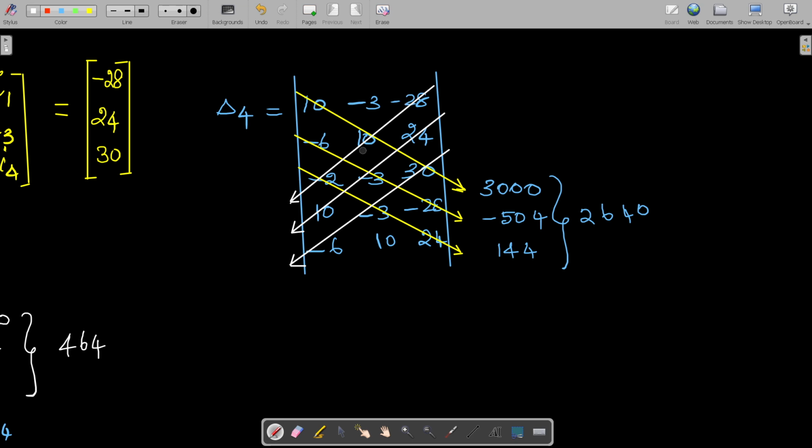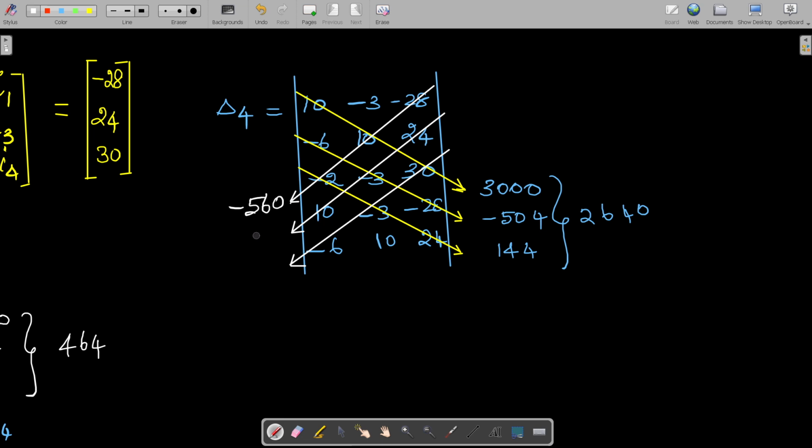It is minus 28 multiplied by 10 multiplied by minus 2. So it is plus value, but you need to actually multiply by minus. Okay, so it is minus 560. Then here 24, minus 3, 10. So that is equal to 720. But here it is minus 720, isn't it?